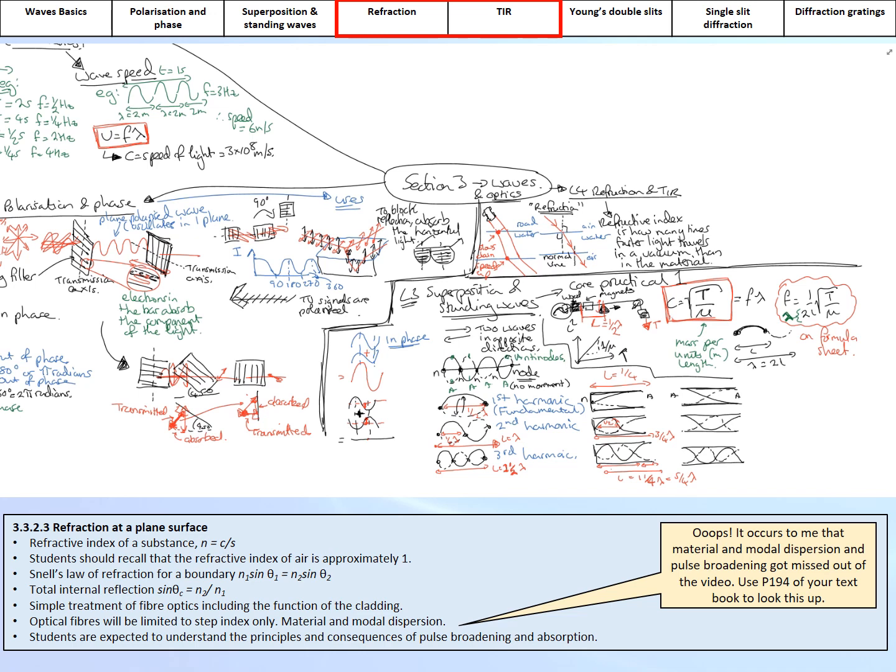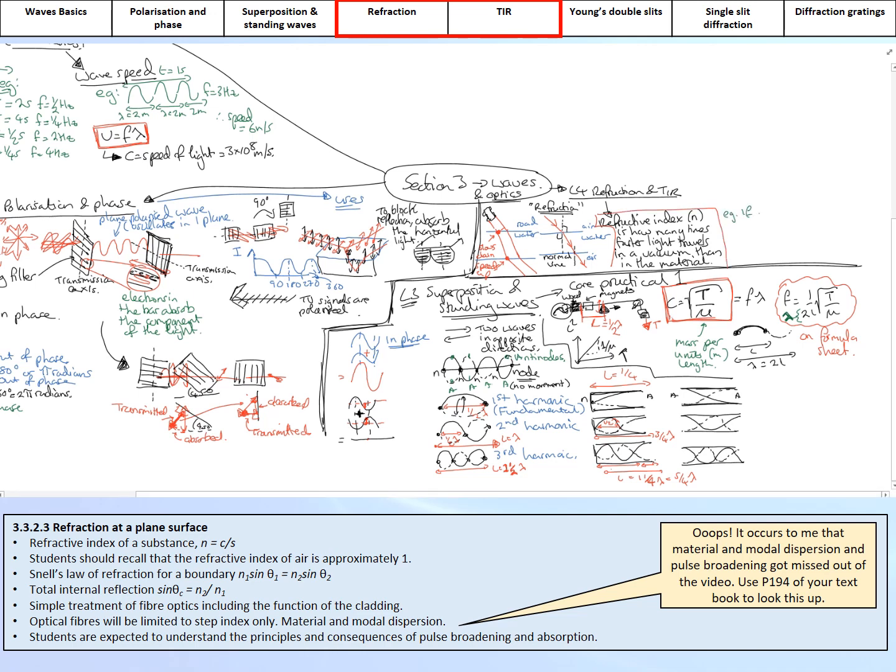So a refractive index of 2 would mean it was going twice as fast in a vacuum than it was in the material. In other words, if it's 3 times 10 to the 8 meters a second in a vacuum, it will be 1.5 times 10 to the 8 meters a second in the material. The refractive index, which is given the symbol n, actually let's do this in green as it's an example. That's the definition of refractive index.